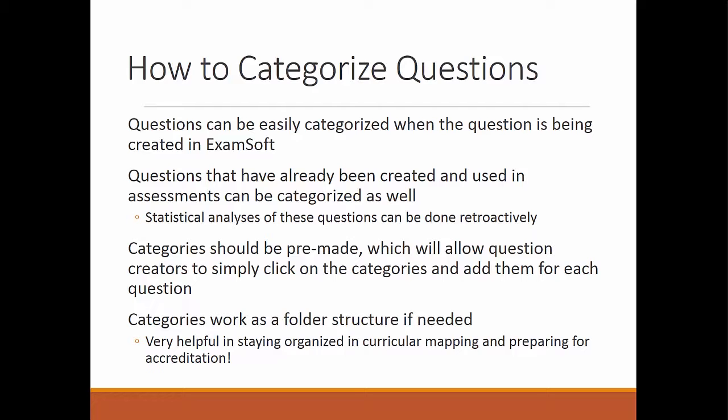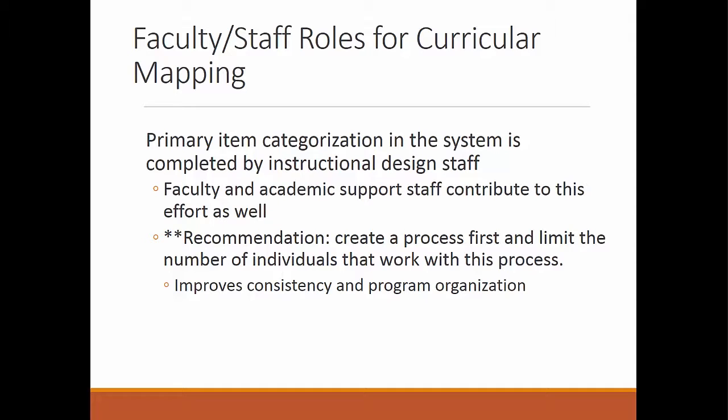It'll allow your question creators to simply click on the categories and add them, and you can use it for a folder structure too. So we do that a lot as a way to, again, in this specific case, map our curriculum.